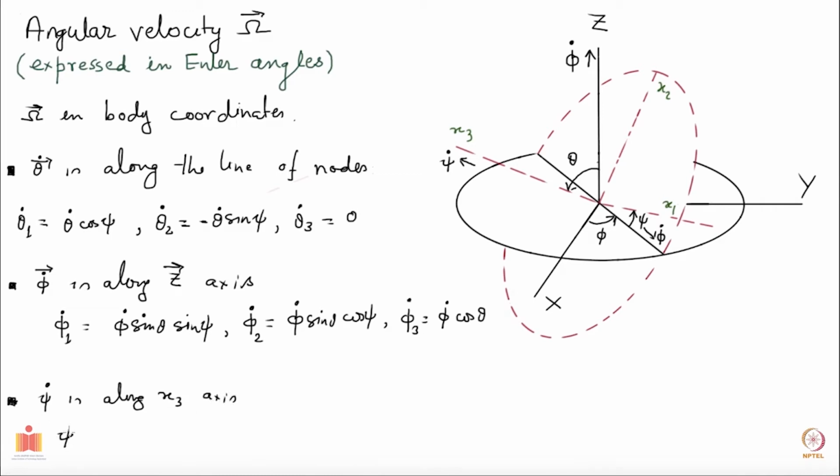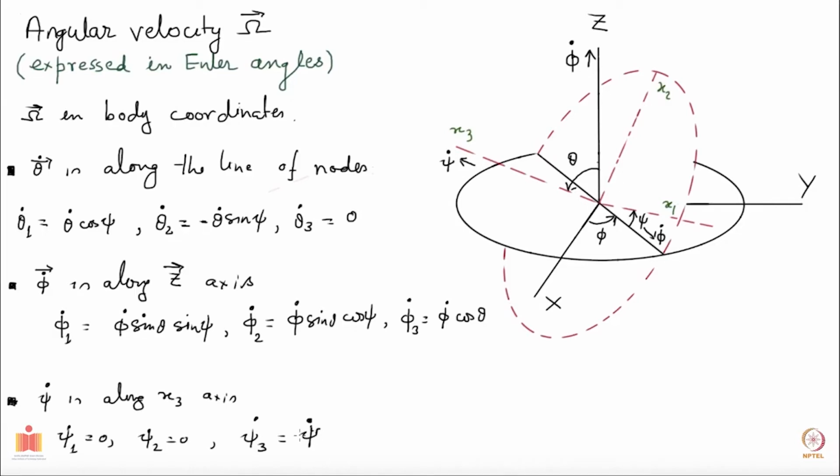Psi dot first component is 0, psi dot second component is 0, and psi dot third component is how much? Psi dot, right? The entire vector is pointing in the third direction, the x3 axis.